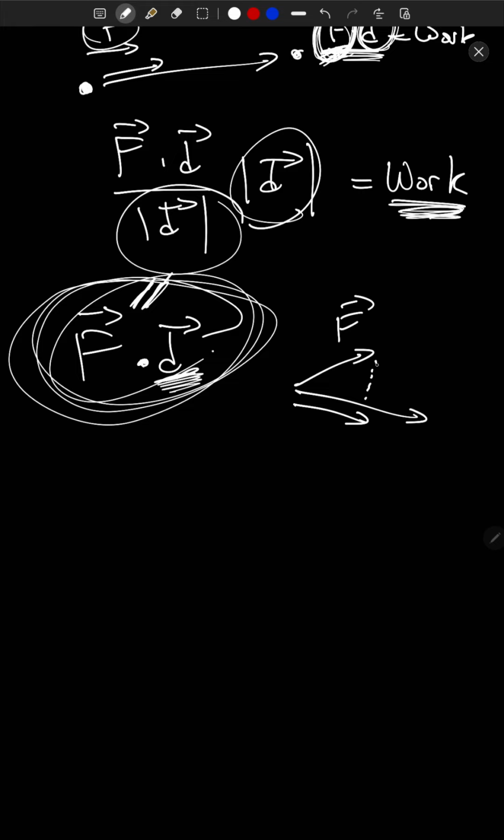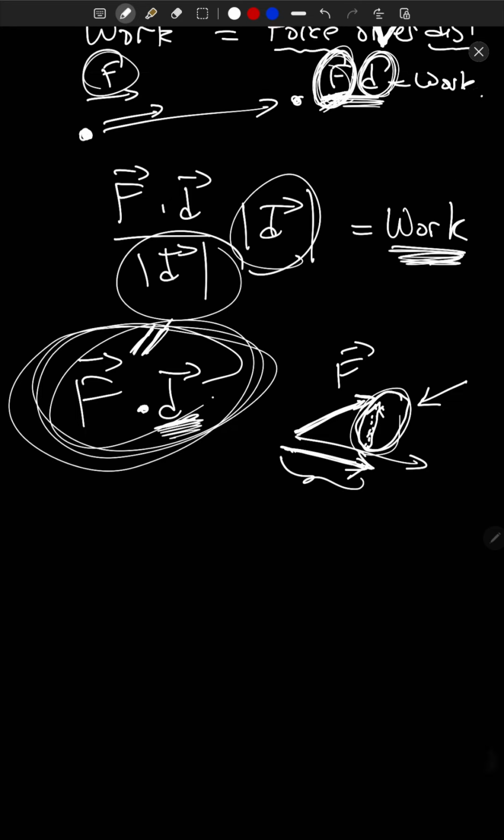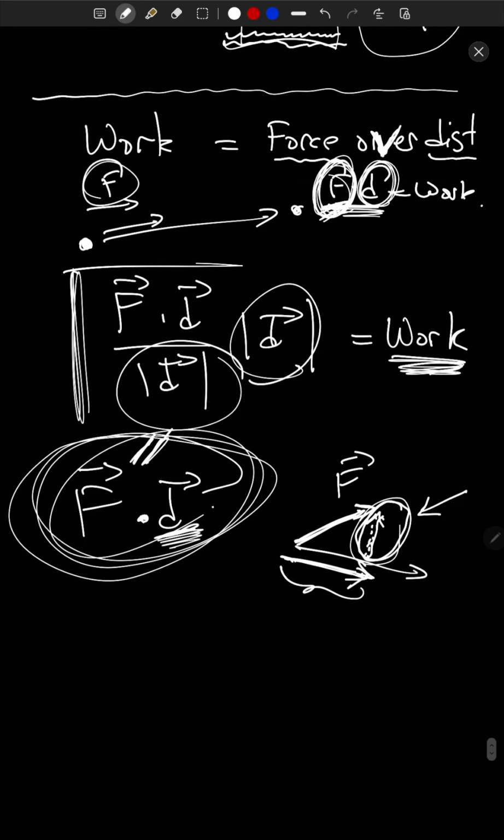This part of the force is doing nothing with respect to the object being moved. Why this part? Because this plus that, from the graphical definition of addition of vectors, is actually F. So we've broken F down into two pieces. The circled piece doesn't matter. This piece matters and comes into our work calculation.